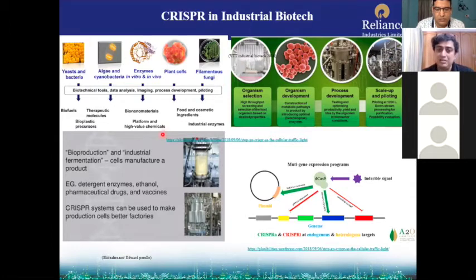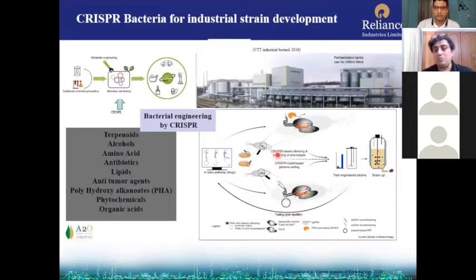In all these bioproduction systems in industrial fermentation, basically cells manufacture a product. So now detergent enzymes, ethanol, pharmaceutical drugs, vaccines can be produced inside of the cell. And CRISPR systems can be used to make production cells better factories. So this is another area, industrial biotechnology, a big area we are working on.